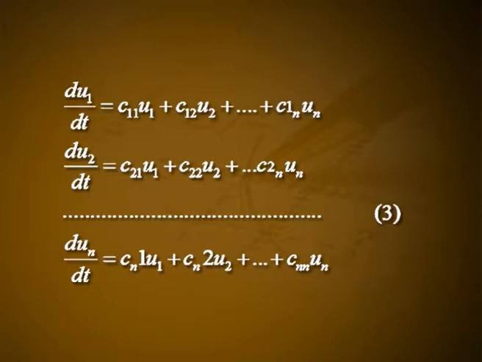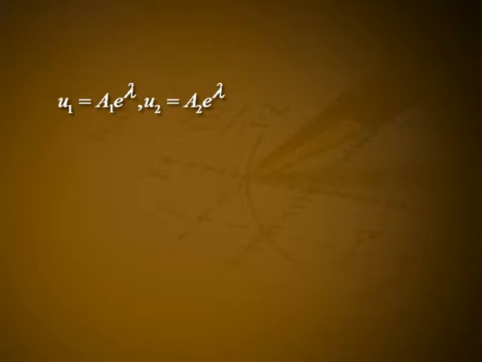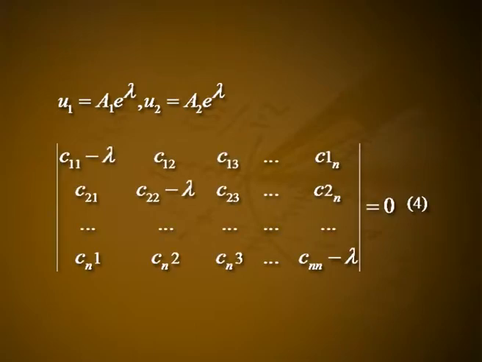By neglecting squares, products and higher powers of ui's, we can try the solution u1 = a1 e^(λt), u2 = a2 e^(λt), etc., to get the determinant of the matrix with entries c11 minus lambda, c12, c13 etc., c1n; c21, c22 minus lambda, c23 etc., c2n; etc.; cn1, cn2, cn3 etc., cnn minus lambda, which is equal to 0.